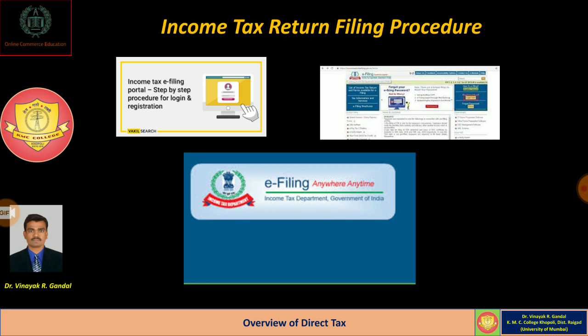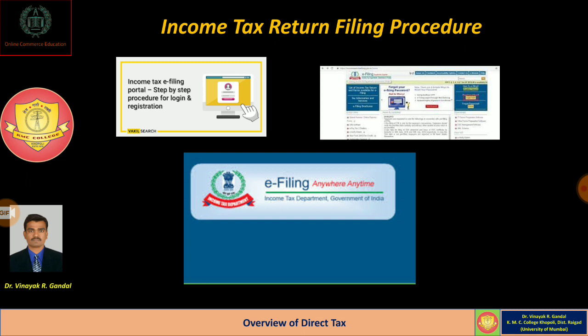We have to understand various types of ITRs, income tax return forms, which are available to the assessee. We also have to understand how to register for income tax and what the requirements of registration are for the income tax return filing procedure.